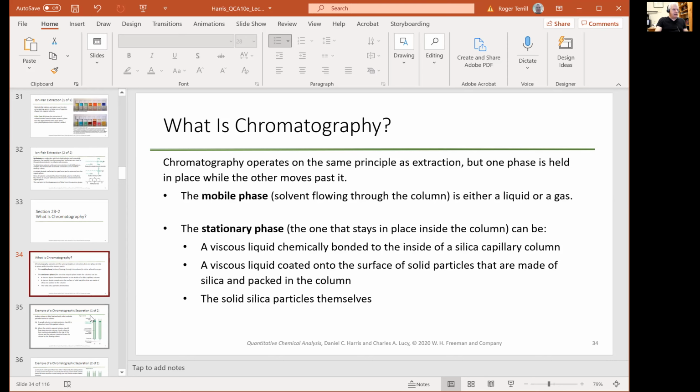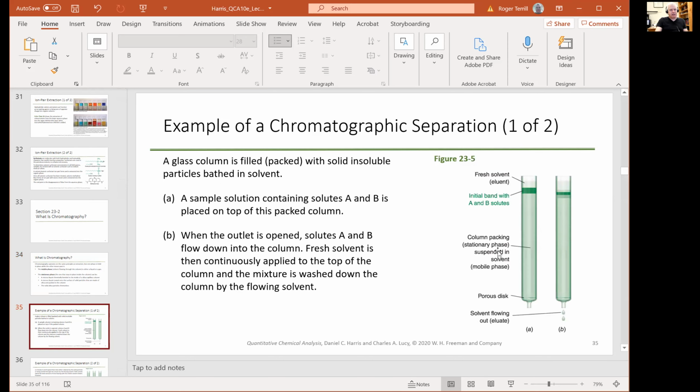Essentially, I think you've probably most all seen or experienced something like a column chromatograph, where you have a column.